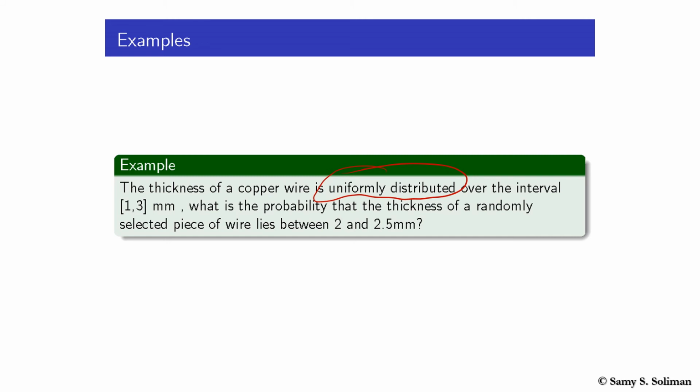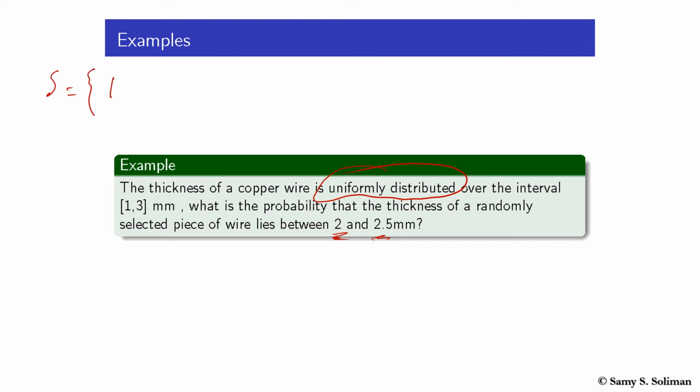Then he asks what is the probability that the thickness of a randomly selected piece of wire is between 2 and 2.5 millimeters. So what if we consider that our sample space is the thickness of a wire, so what are the possible elements of the sample space?